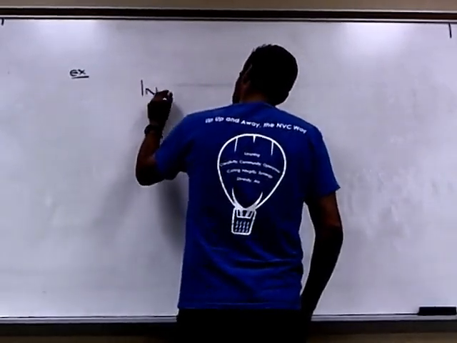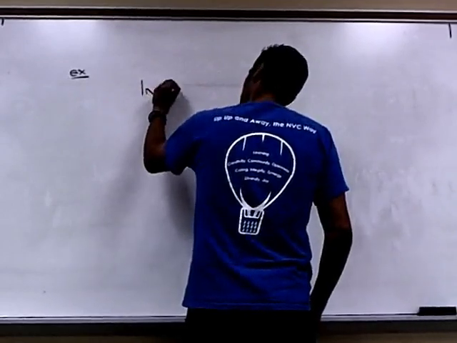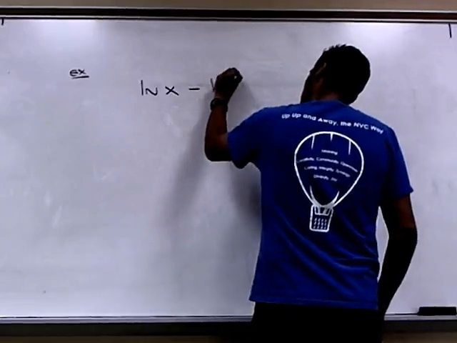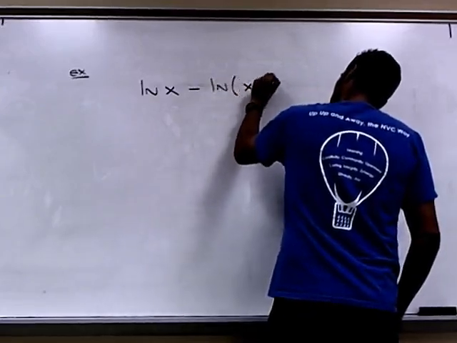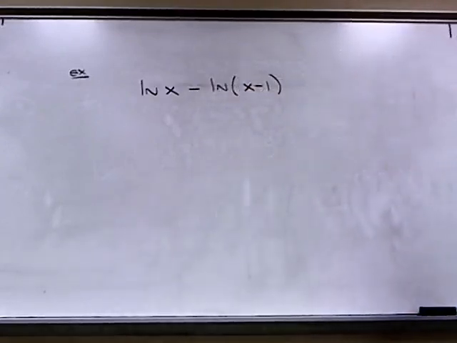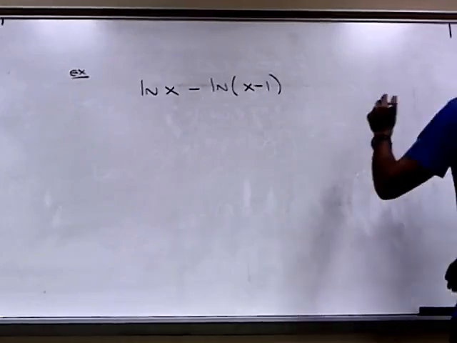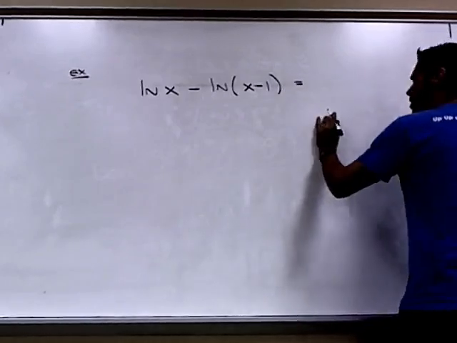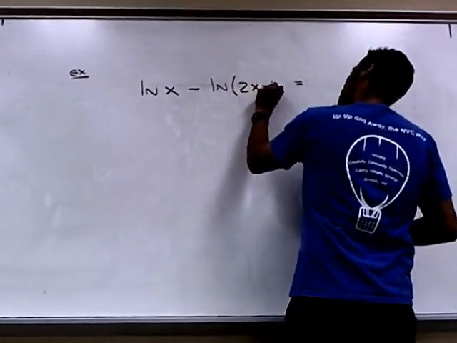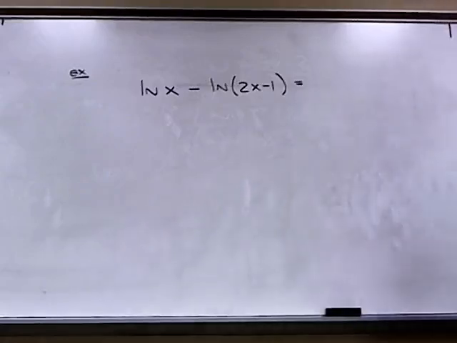Natural log of x minus natural log of 2x minus 1 equals 1.